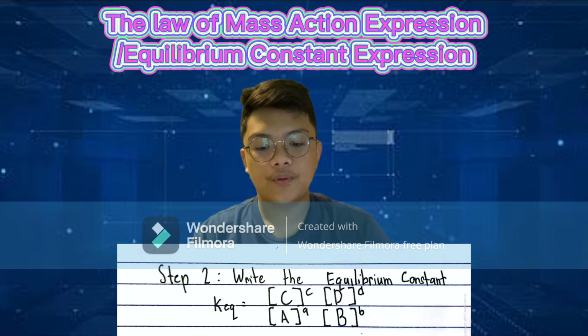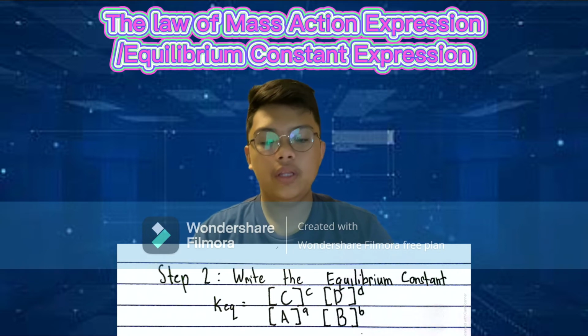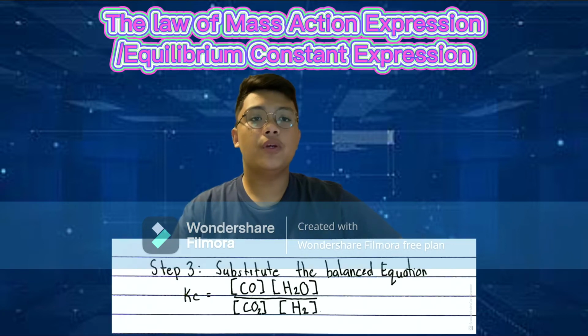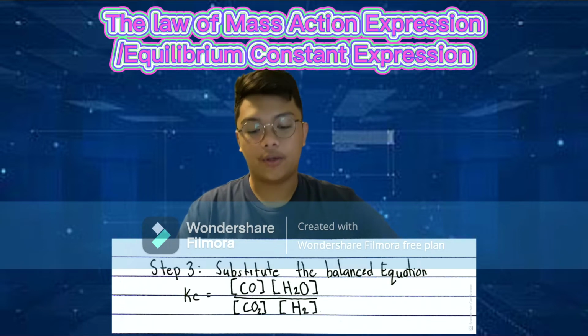Step 2. For us to substitute the balanced equation, we need to write first the equilibrium constant. Since we already balanced the equation, we are now proceeding to step 3 after we write the equilibrium constant. Now it's time to substitute the balanced equation.